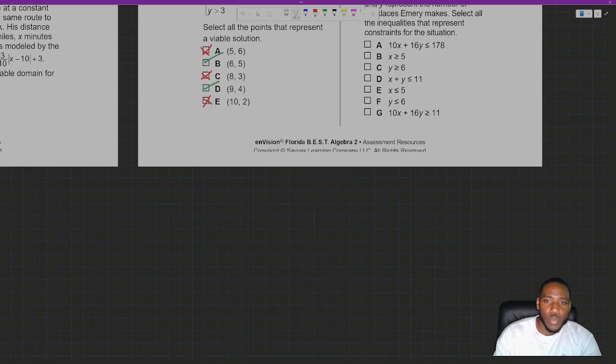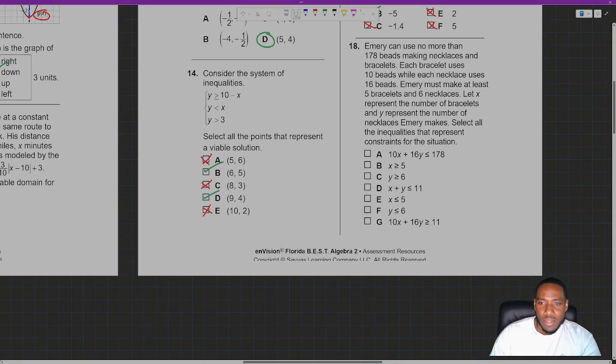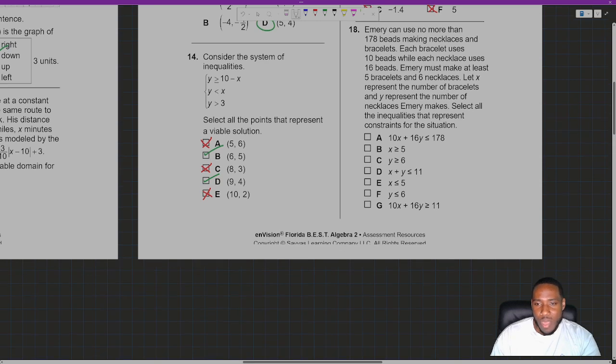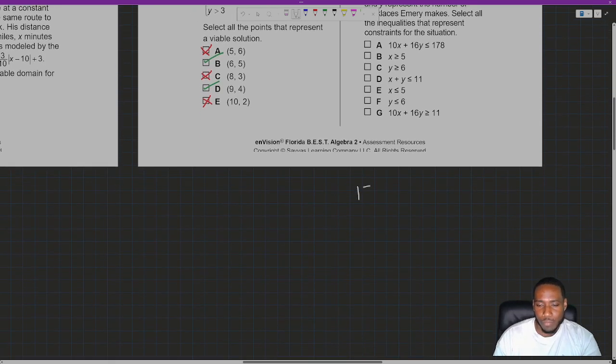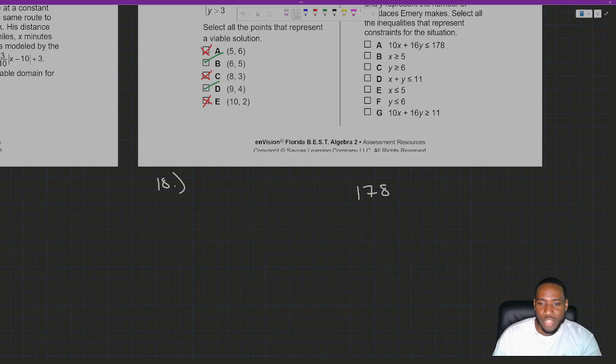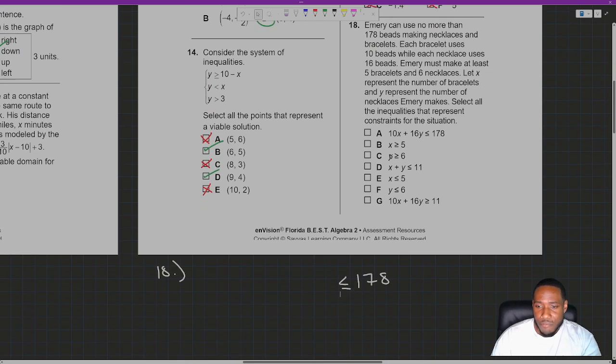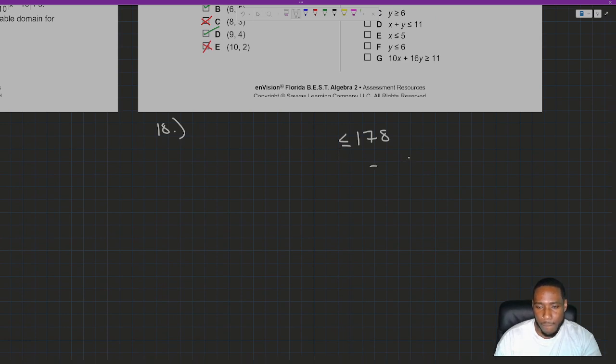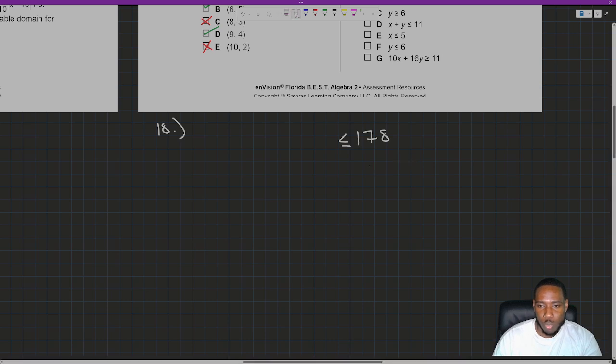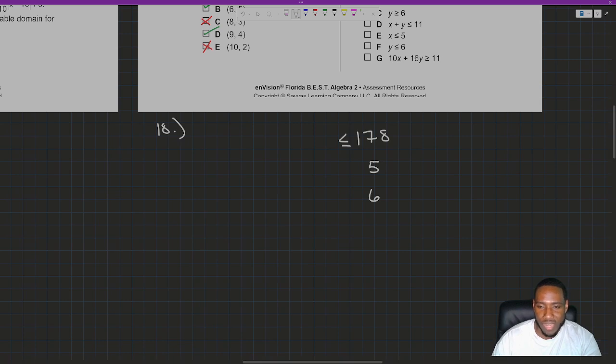So, let's go ahead and start with our totals. We know that 178 is a total, and that she can use no more than that, right? So we need to say less than or equal to. We know that 5 and 6 are totals representing the number of each she needs to make, bracelets and necklaces.